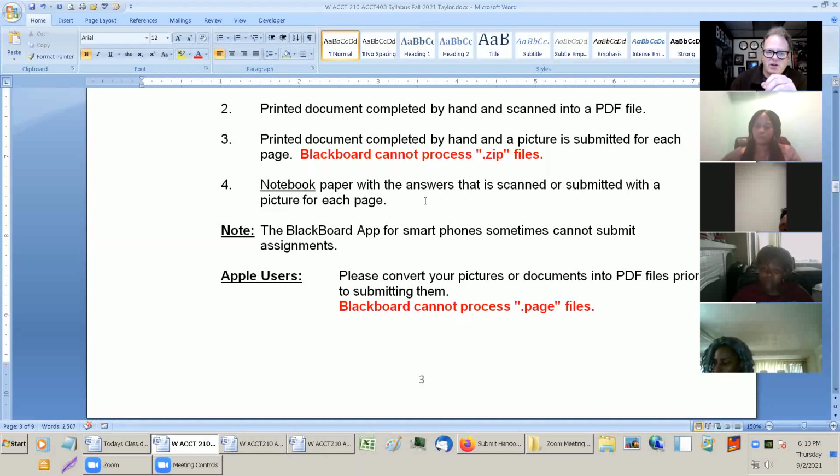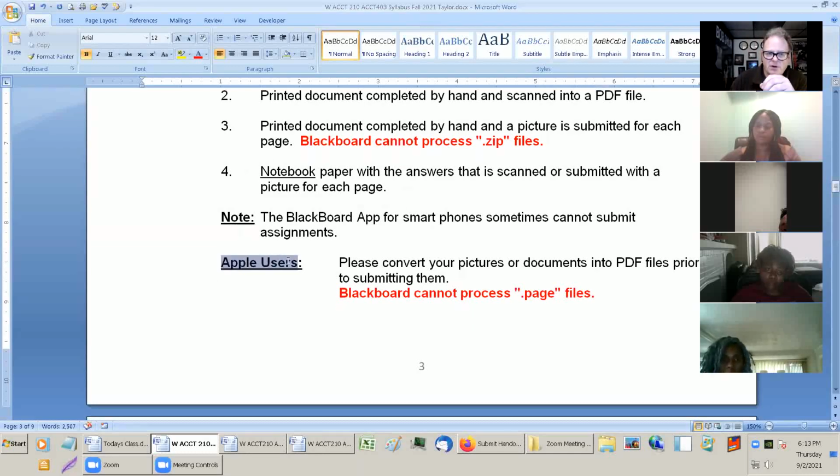Same thing if you're an Apple user. Blackboard cannot process page files. Page files are basically zip files for Apple people. So zip files and page files are no good in Blackboard.